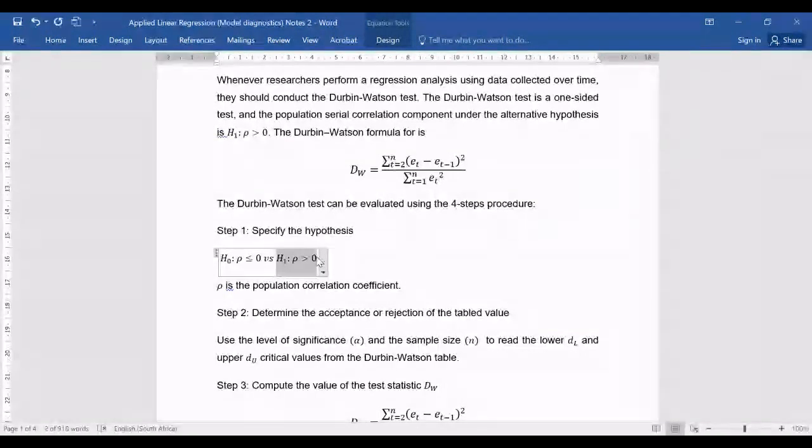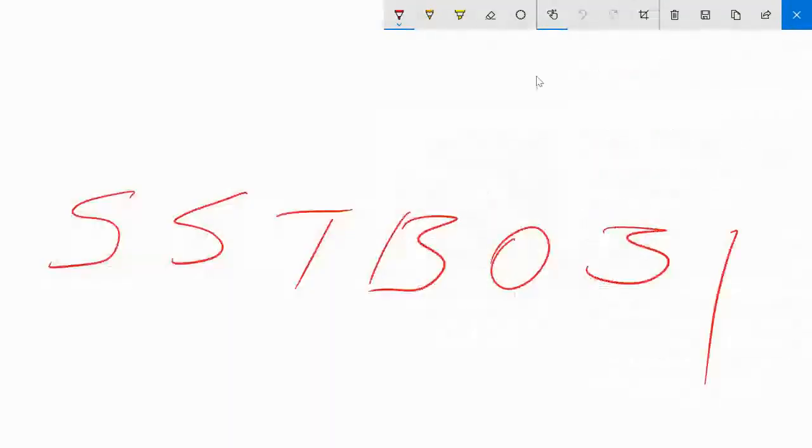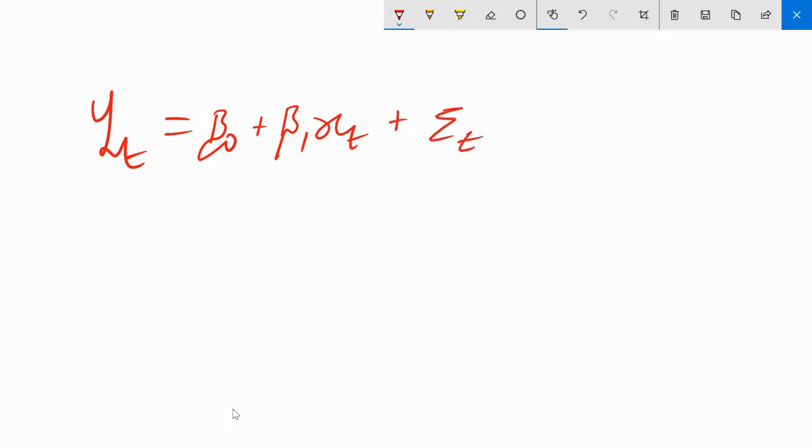So the Et is the error that you know. Let me go to the whiteboard. So our model will look like this: Yt is equal to beta 0 plus beta 1 Xt plus Et.